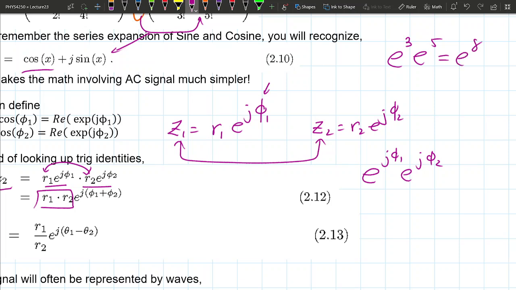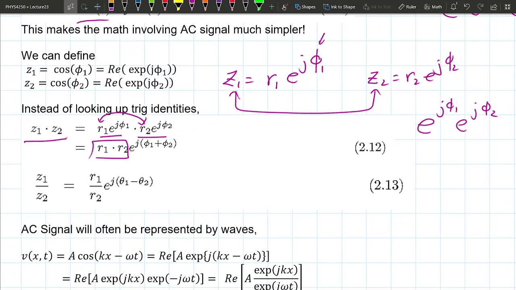E to the 8, right? Because when you multiply exponentials, you just add. You just converted your multiplication into addition. So multiplying these two factors together just gives you e to the j times phi 1 plus e to the j times phi 2, but then you can factor out this j, because it's common in both terms.